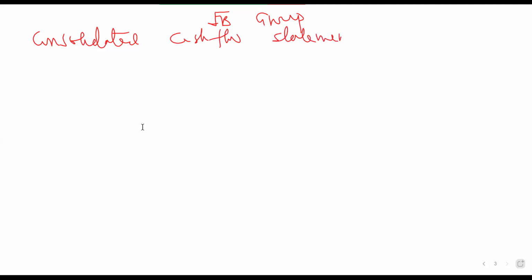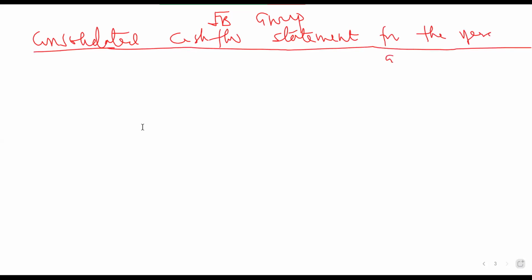Okay. So consolidated cash flow statement for the year ended. So you can do your year ended and those ones there. So let's have our currency here.